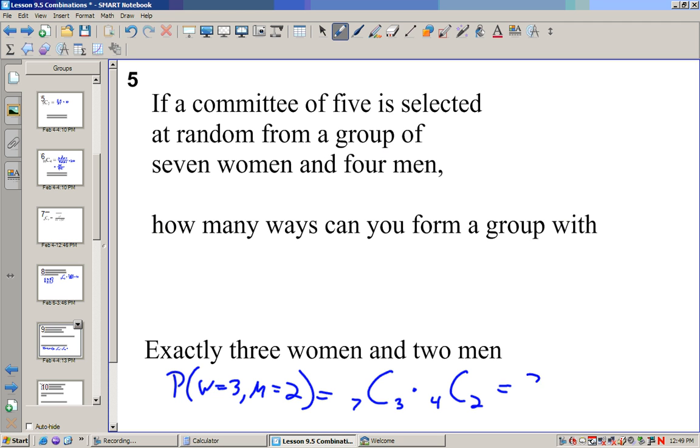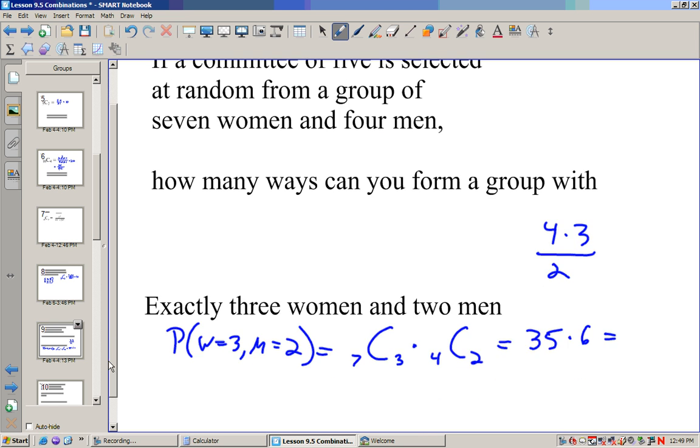We already established that. 4 choose 2 is going to be 4 times 3 divided by 2. So that's going to be 6. So when I multiply that out, it's going to be 210. So there's 210 ways we can form a committee with 3 women and 2 men.